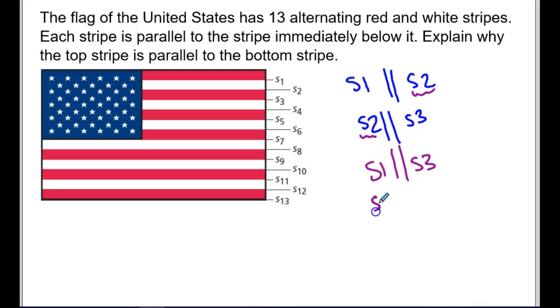I also know that stripe 3 is parallel to stripe 4 because I'm told that it's parallel to the one immediately below it. Since these are the same, I can now say that stripe 1 is parallel to stripe 4. I can continue going on this way until I get all the way to the bottom. Using this transitive property, I can look at each little piece and then simplify from there.